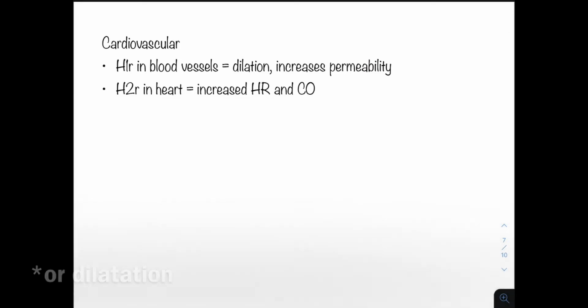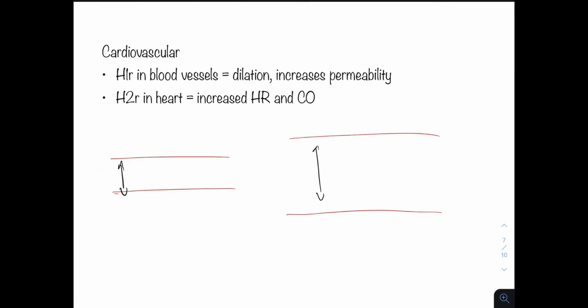So let's take a look at this. Normally, a blood vessel is able to adjust its diameter to maintain peripheral vascular resistance and thus blood pressure. So this blood vessel here is able to regulate its diameter to maintain peripheral vascular resistance. Remember, the equation for blood pressure is BP, blood pressure, equals cardiac output times systemic vascular resistance.